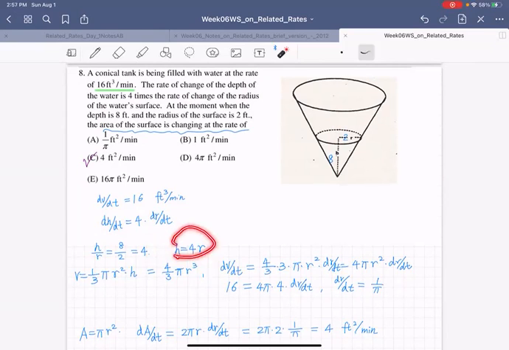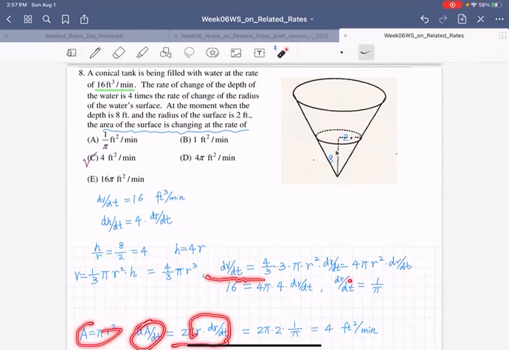So they ask you, when h is 8, r is 2, what is the surface area changing? So surface area is pi r squared. You want to get dA over dt, but first you want to figure out your dr over dt.